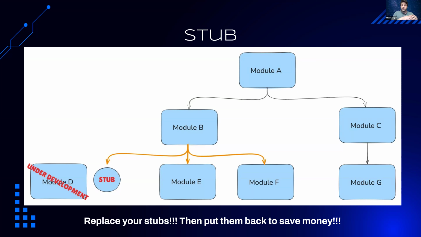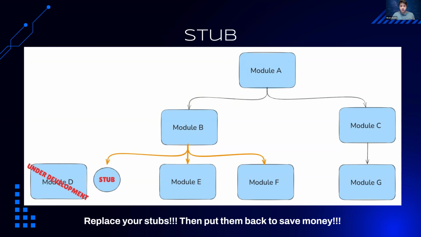All that to say, if you have to write a stub for undeveloped code anyway, don't just get rid of it when the actual code is finished because it's easy enough to hop back and forth. You just have to make sure you're keeping track. So that's the top-down approach to incremental integration tests.